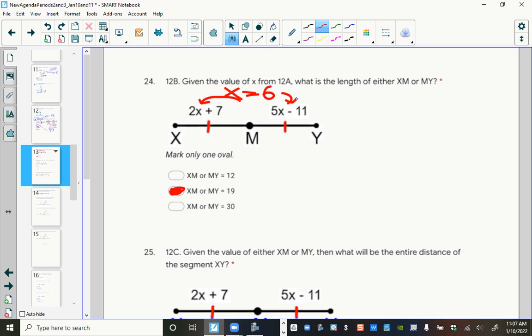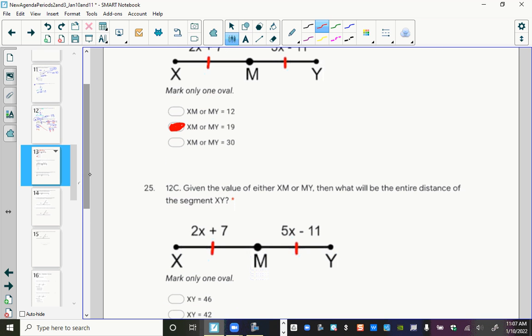For the last part, you'd have to do the entire distance. If you're not sure, that's fine, just get whatever you miss. And then the last part, you're just going to take a grand total. Both sides are going to be 19. Add them up.